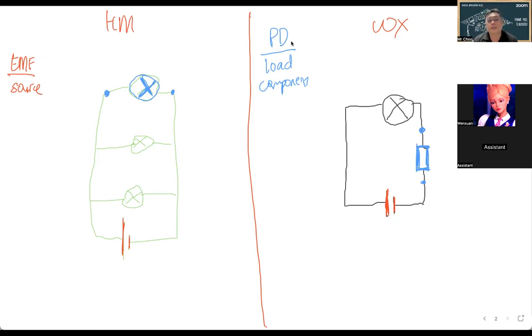So my question now is this. If I want to measure the difference between the two potential, do I put the measuring device on the circuit or outside the circuit? Can you type it out in the chat?